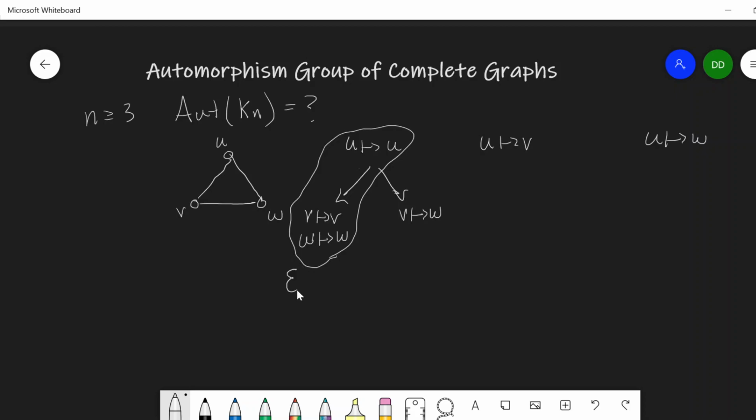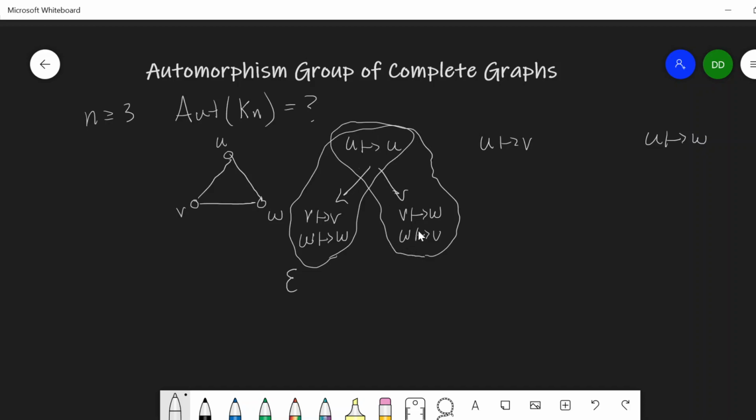Of course, that's the identity automorphism. If I send V to W, necessarily then I have to send W to V. Again, that's my only option, and this gives me an automorphism.